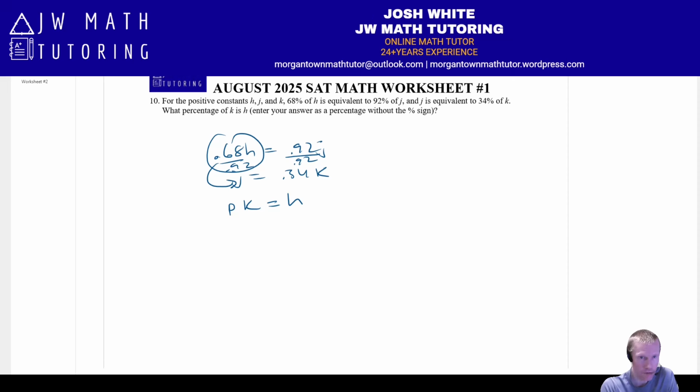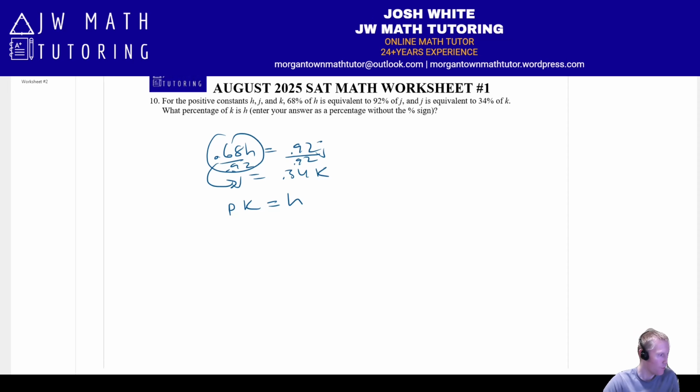Then you want to solve for h, which means you need to get rid of the 0.68 and the 0.92, and eventually get h alone equals some decimal times k, and that decimal is your answer.